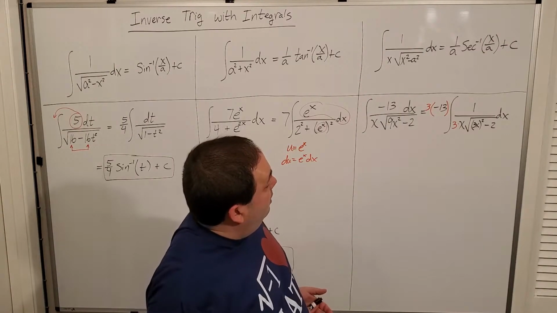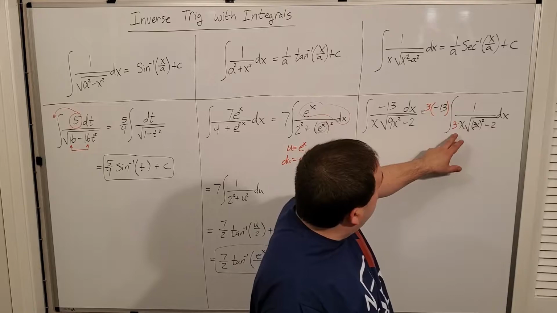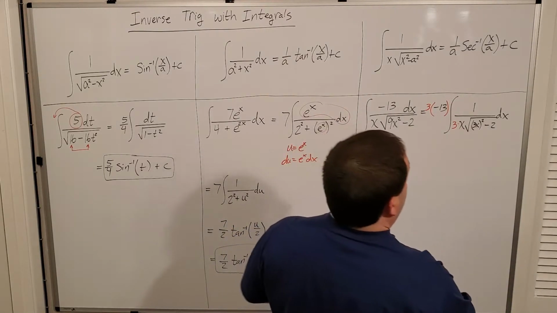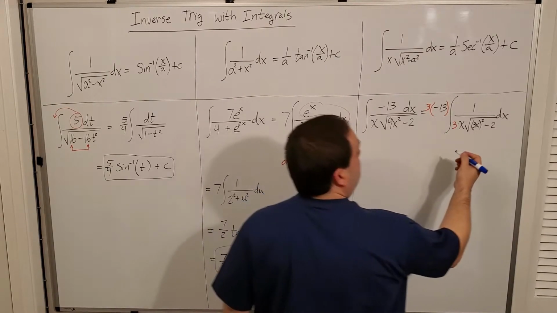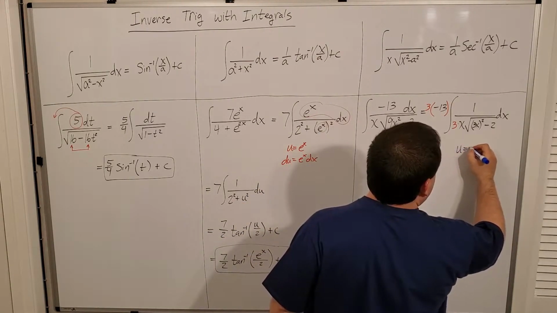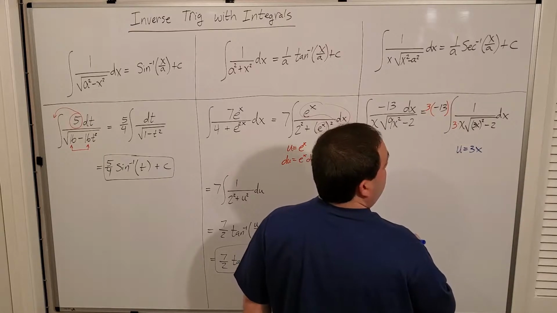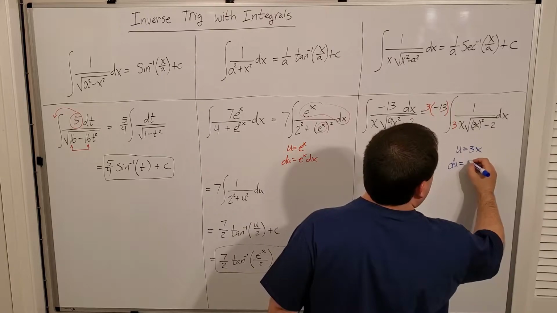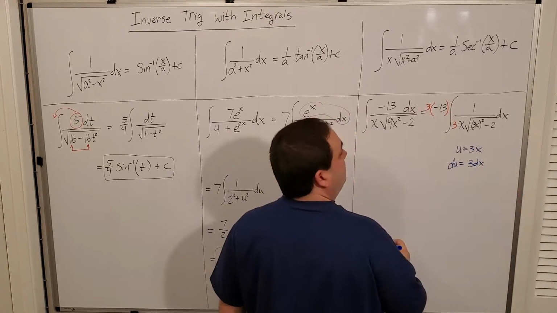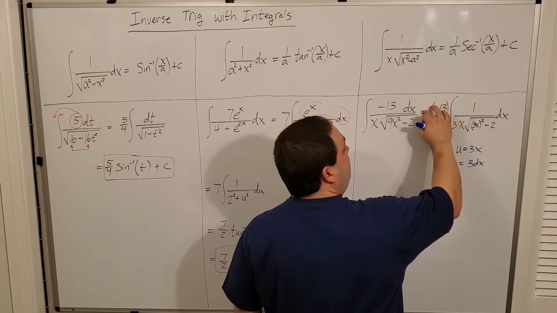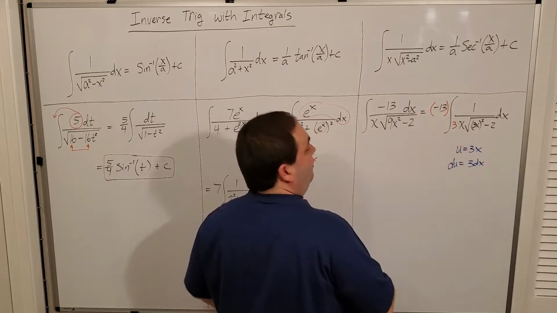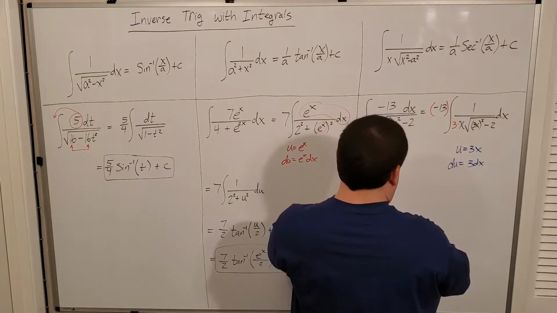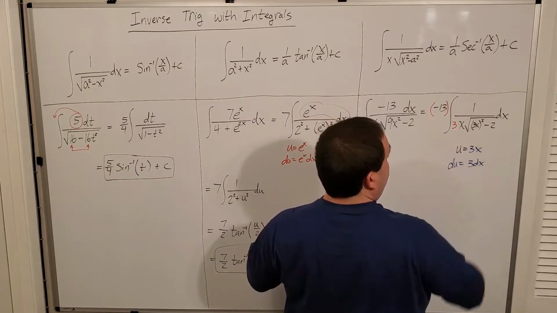All right. Well, that means it's ready now. Look at it. I can just replace like this. I can say that u is equal to 3x, right? So du is equal to 3 dx. Actually, this will be convenient. Here's what I'll do. I won't multiply the 3 there. I'll multiply the 3 that I was fixing right here.